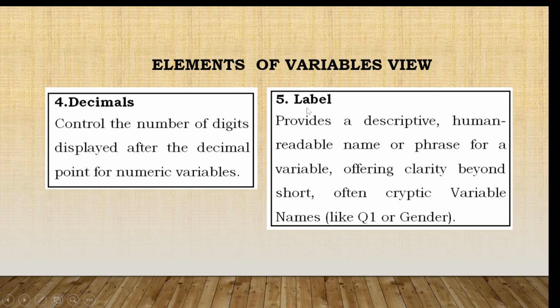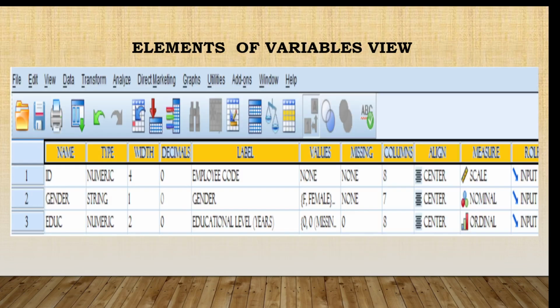For example, you have written the name of your variable as gender, which is a string, because you denote F for female and M for male. Here you have just written gender, but if you want to go further, you can write respondent's gender in the label here. Now it will become very clear.